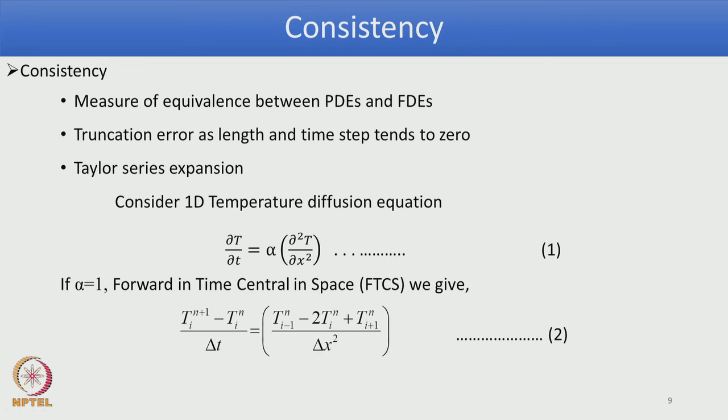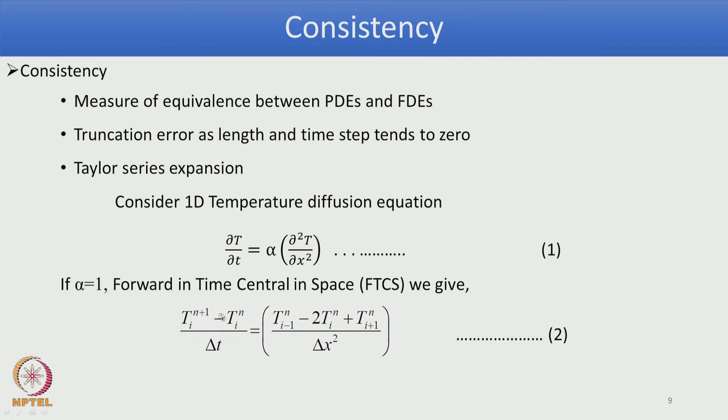So, if you substitute forward in time on the left hand side, you get the finite difference equation as T of i evaluated at n plus 1 time level minus T of i known from the n level, divided by delta t. This is forward in time, and as I mentioned in yesterday's class, subscript i or j stands for space and superscript n stands for time. So, when you say n plus 1, it is forward in time minus n.